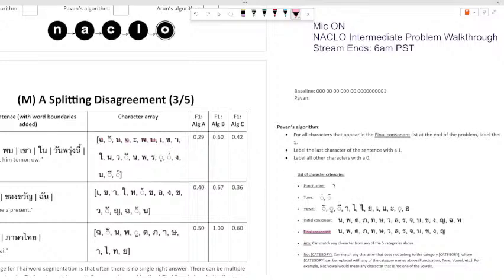That's a vowel. Alright. But this is an initial consonant. It's not a final consonant.